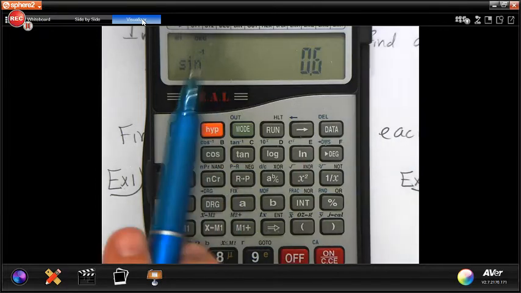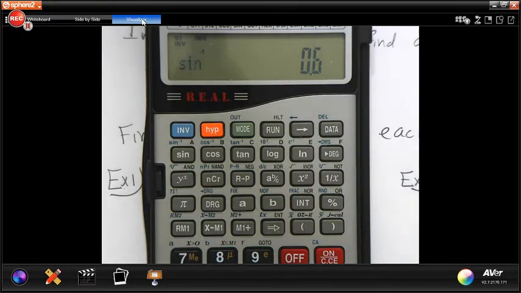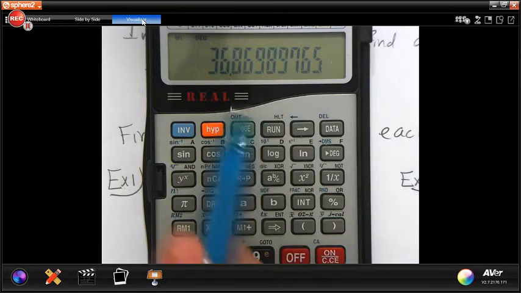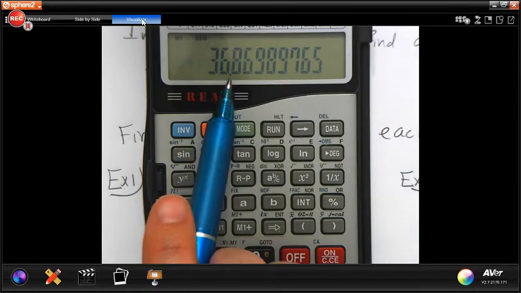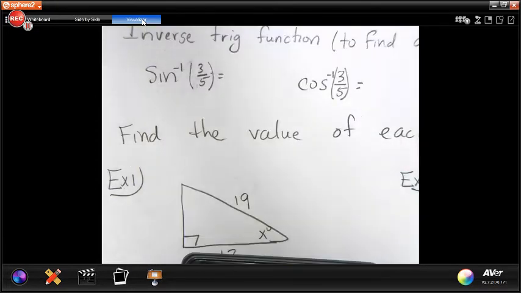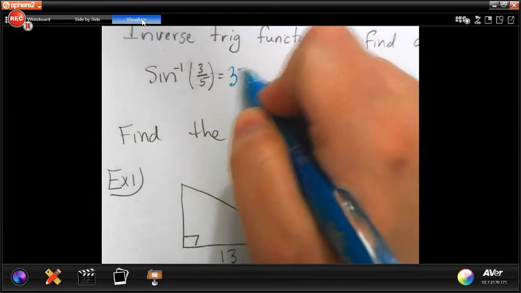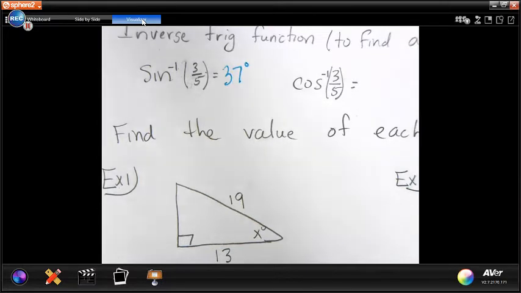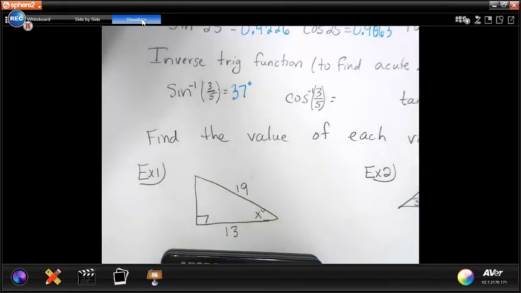I still have to do the inverse sine, so I press equals, and it gives me a decimal. It says 36.8, which is really close to 37. So for a sine of 3 over 5, I'm going to write 37 degrees. So we use inverse trig functions to find the angle.